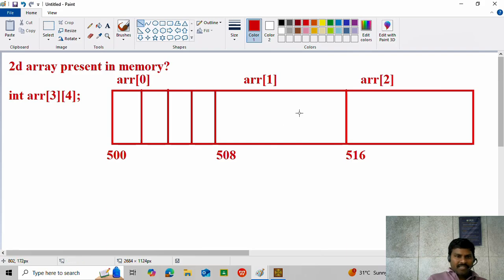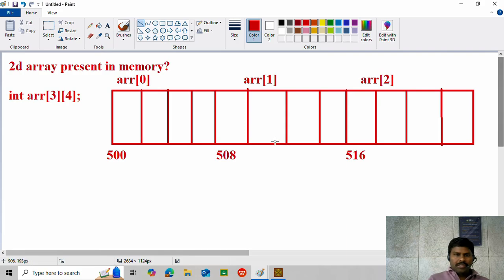Similarly arr of 1 is also divided into first element 1 0, 1 1, 1 2, then 2 0, 2 1, 2 2, 2 3.